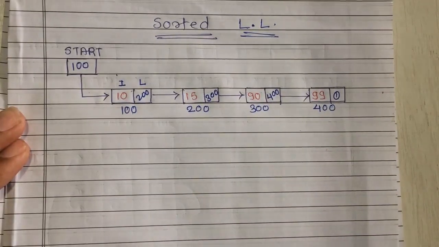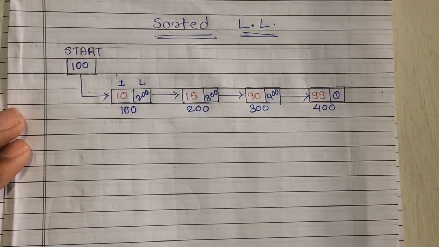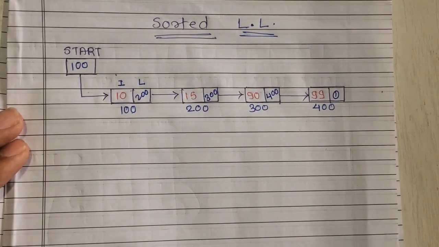Now what we have to do is simply search the location of an element from this sorted linked list. For that we have to write an algorithm. So let's write an algorithm to search an element from a sorted linked list.